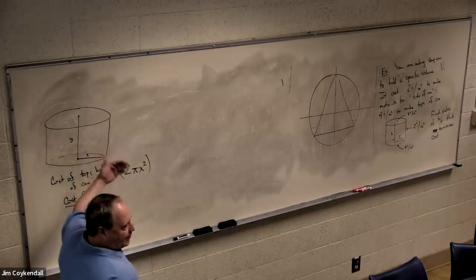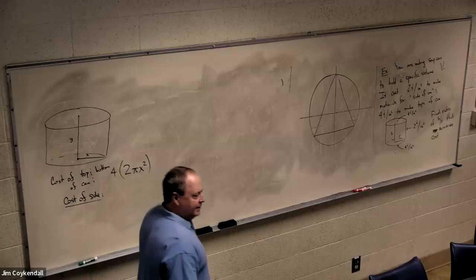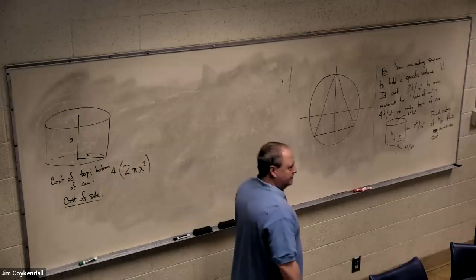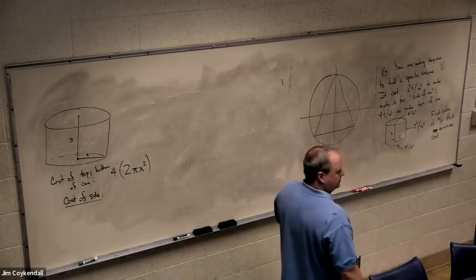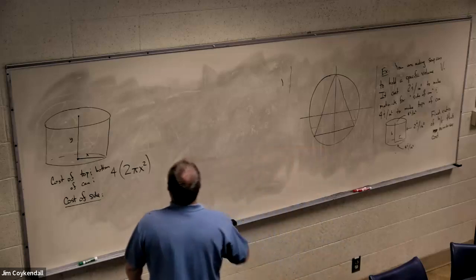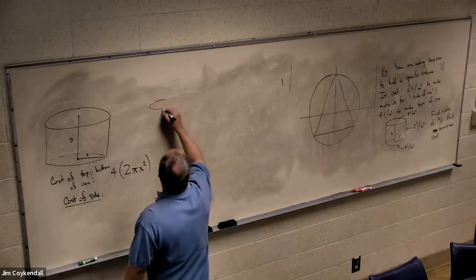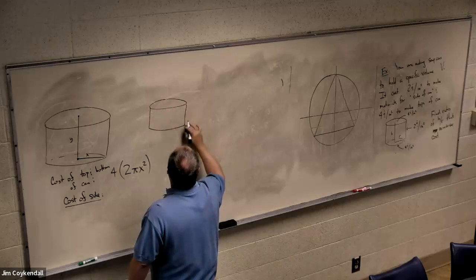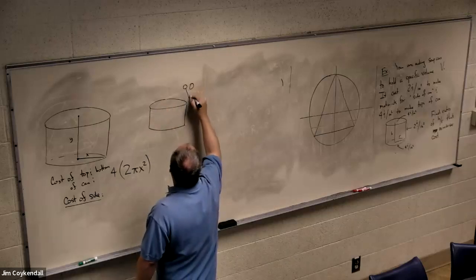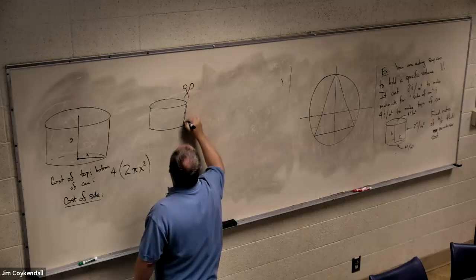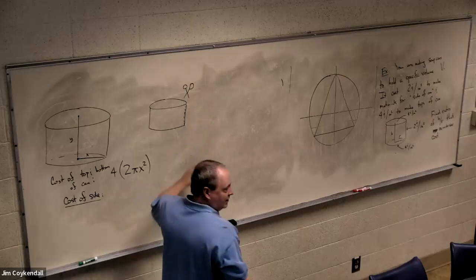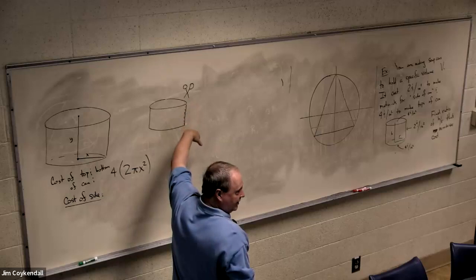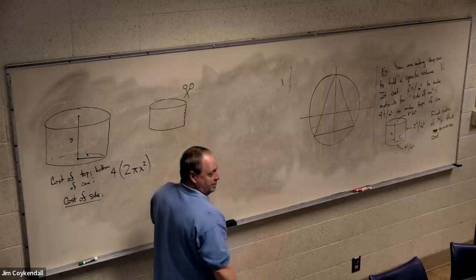What's the area of the wraparound side? Imagine I take a pair of metal shears and cut the side of this, then unroll it and pound it flat.